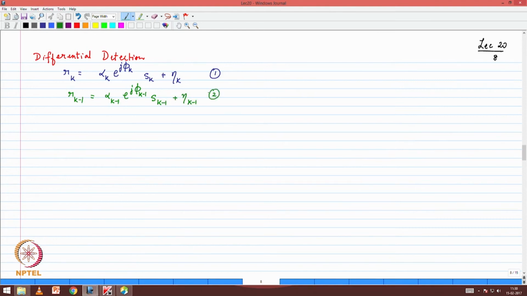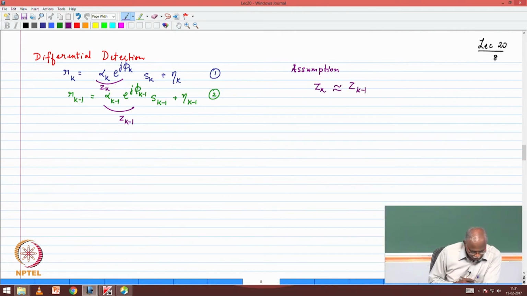We make one assumption in all forms of differential detection, and it is a very valid assumption: the channel changes very little between two successive symbols, so it looks almost the same. If you call this z_k and this z_{k-1}, then z_k is approximately the same as z_{k-1}.